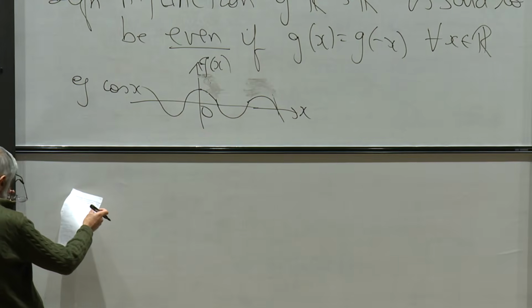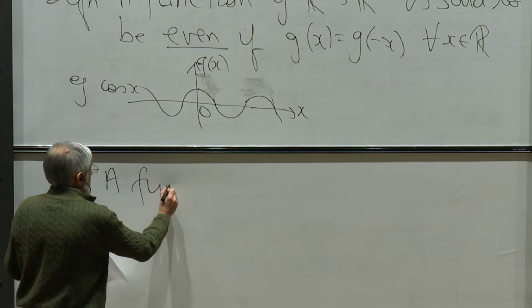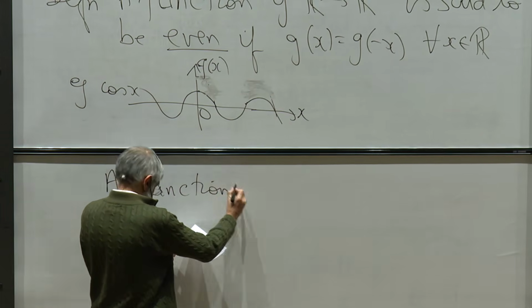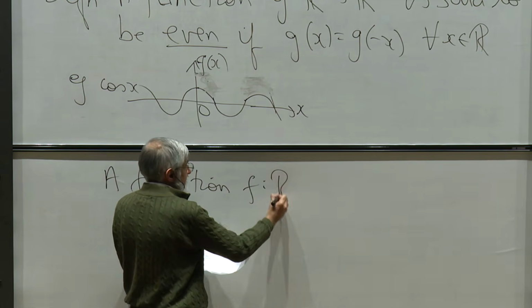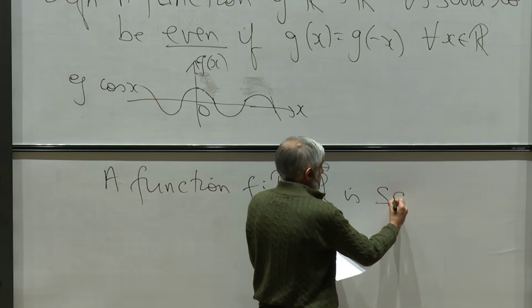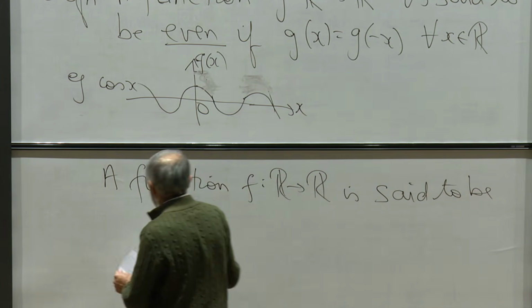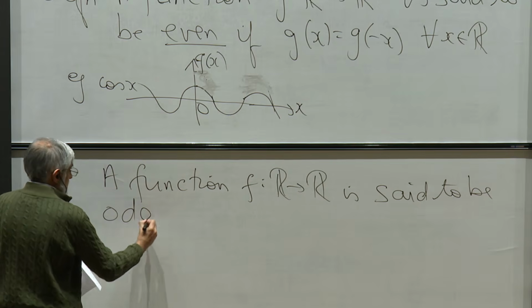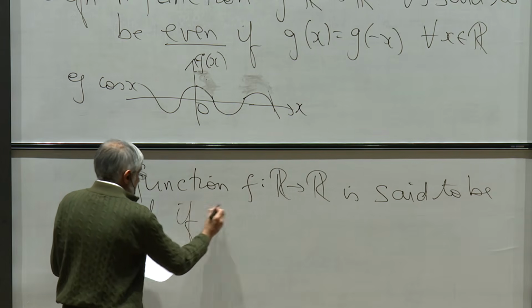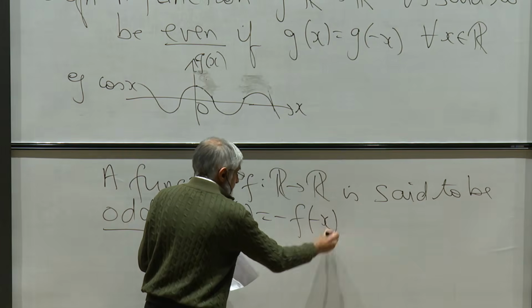And odd, so a function f going from R to R is said to be odd if f of x is minus f of minus x.